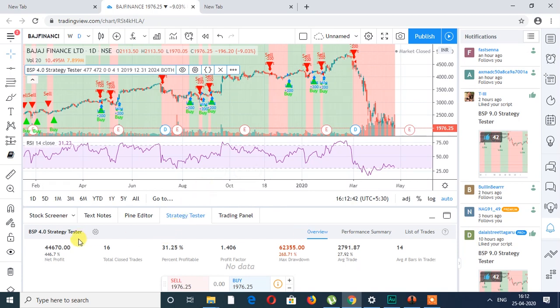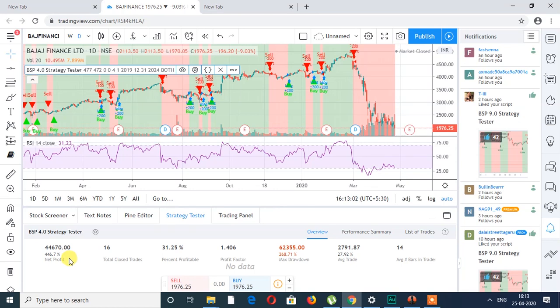As soon as I take 100 shares, you see there is a profit of around 400% on the amount you have invested. You see, you get a profit of 446%.